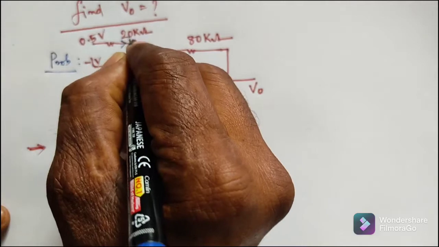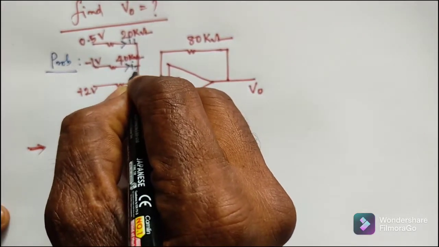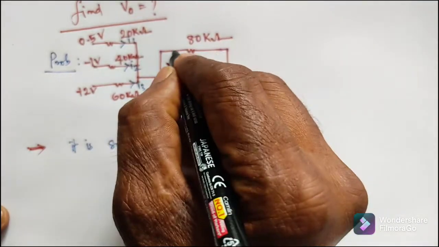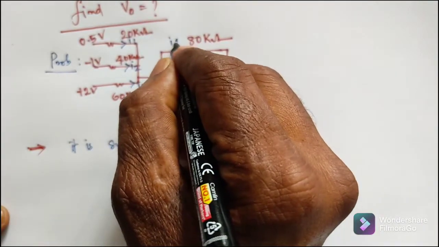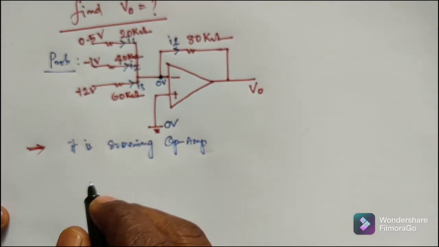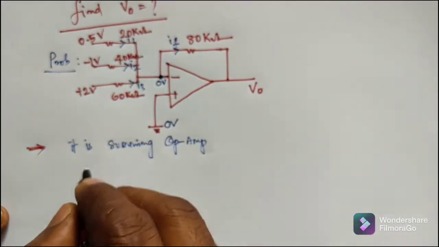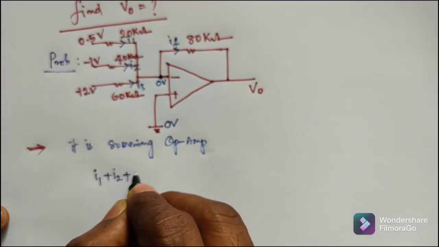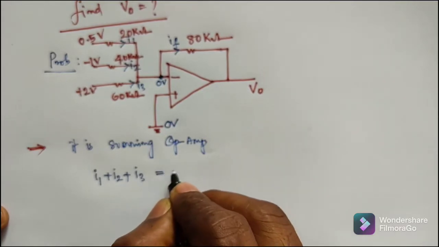These are the currents I1, I2 and I3. All are incoming currents at this node, and this one is the outgoing current, that is IF. At this node, I1 plus I2 plus I3 is equal to IF.